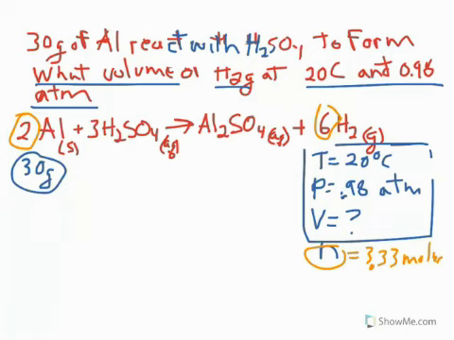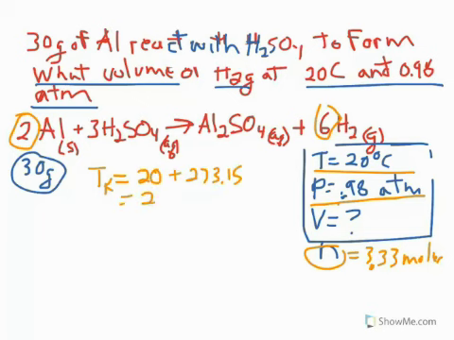I note that the pressure is in atmospheres, the temperature is in Celsius, so I've got to convert that. T Kelvin equals T Celsius plus 273, so it's 20 plus 273.15, which is 293 Kelvin. I will have 3 sig figs in this because I started with this precision right here. So I'll end up with that precision.